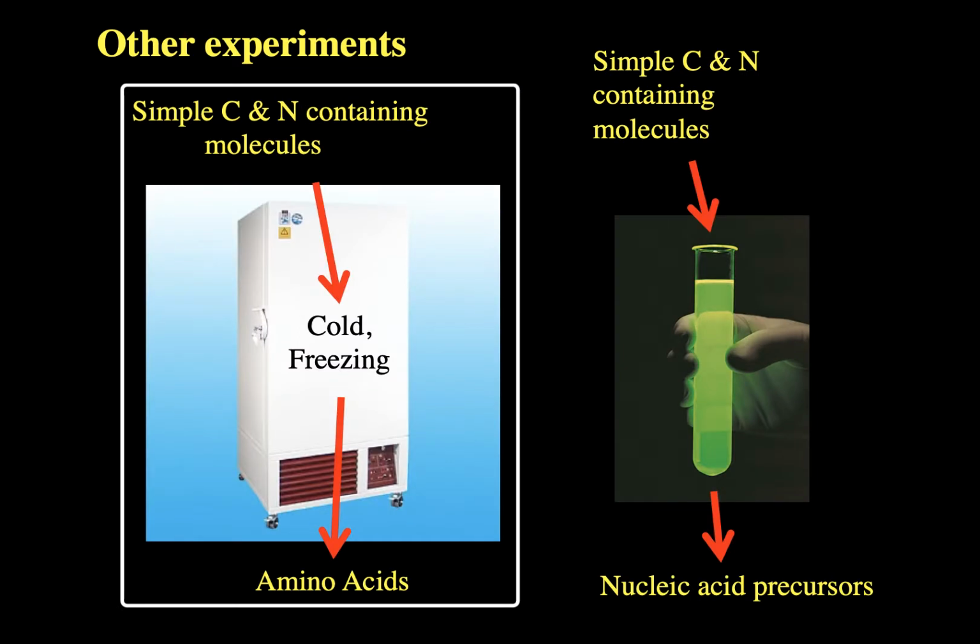Additionally, when you leave some of these experiments in the cold and freezing, some of the other amino acids are more prevalent also. So it's not only the heat that caused some of these amino acids to form, but heat followed by cold or just cold also produced some of the other amino acids.